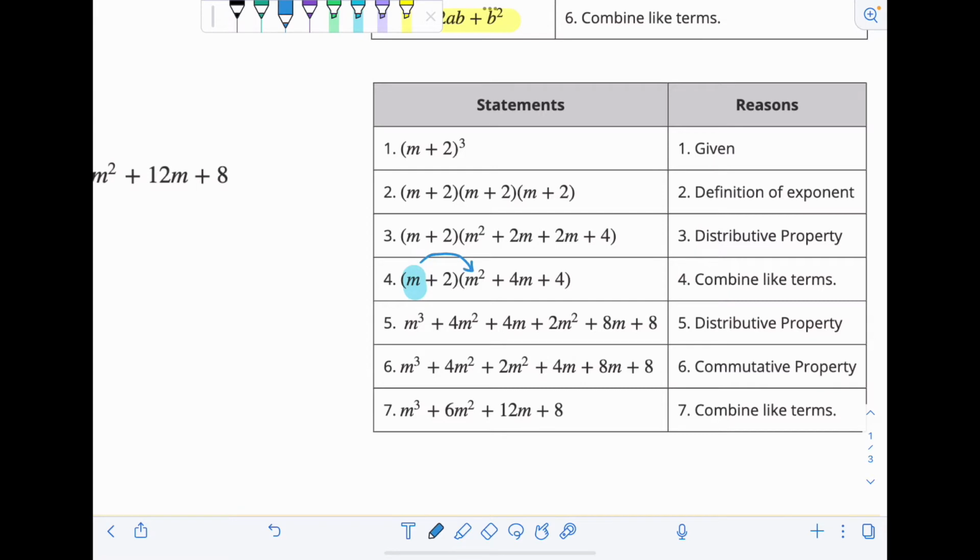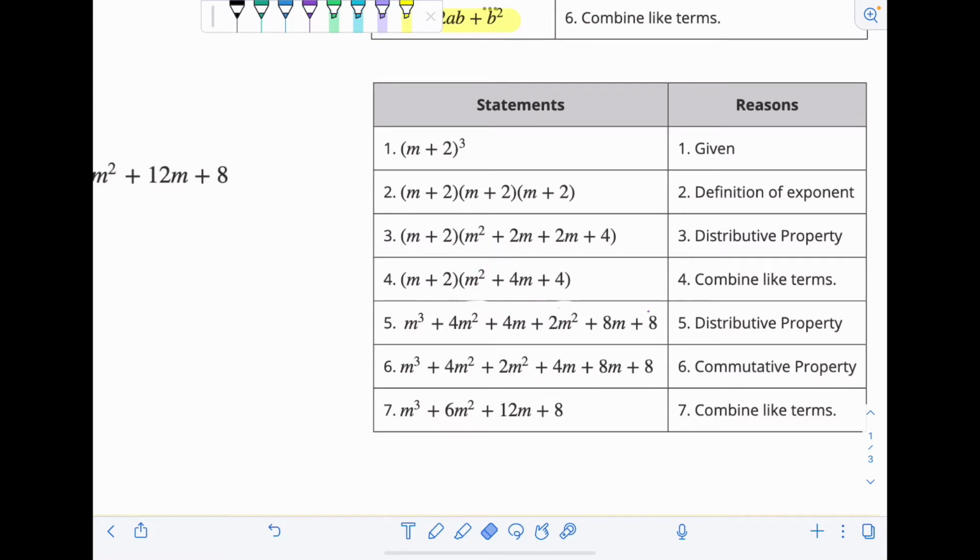So m times m squared is m cubed. M times 4m is 4m squared, m times 4 is 4m, and then we're taking the 2 and distributing it. So 2 times m squared is 2m squared, 2 times 4m is 8m, and 2 times 4 is plus 8.